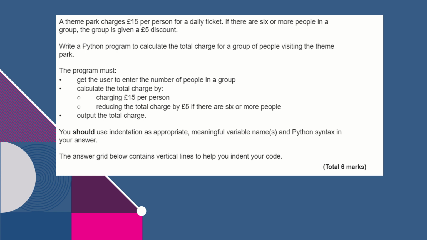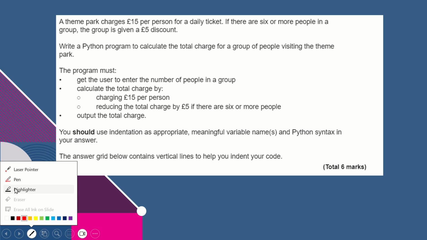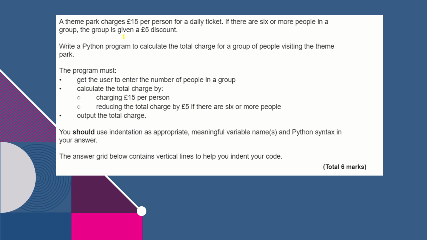The first thing you have to remember is to read every single word in that question carefully. Have a pen or pencil with you and scribble around it. So, for example, I'm just going to show you how easily we can do different things. Read the question: a theme park charges 15 per person for a daily ticket.